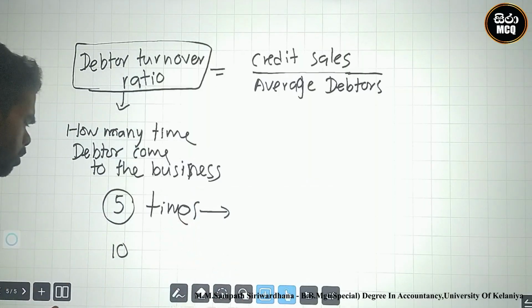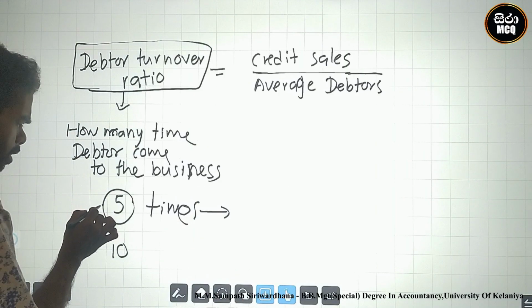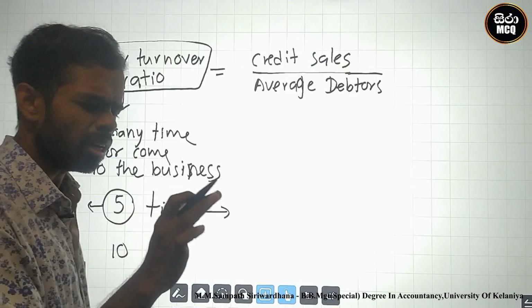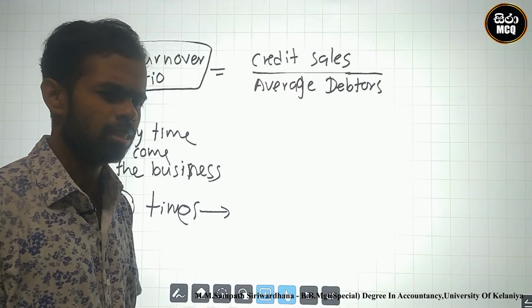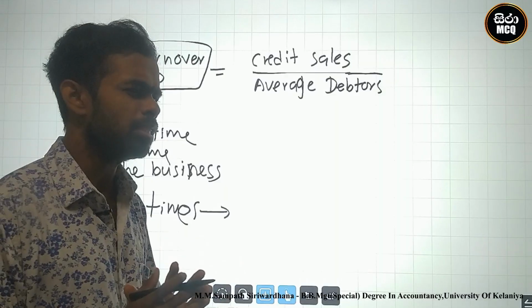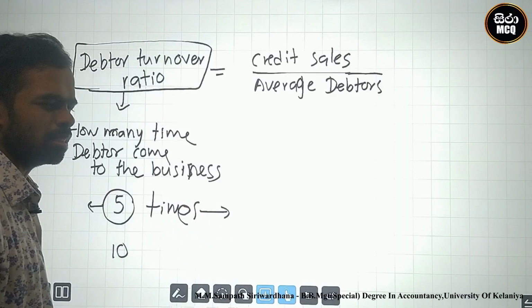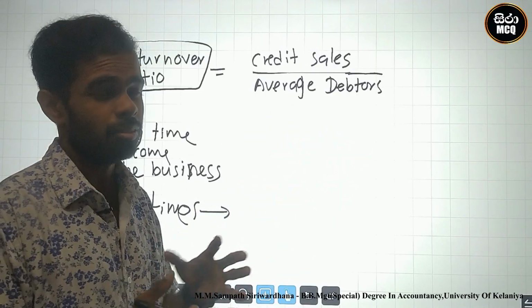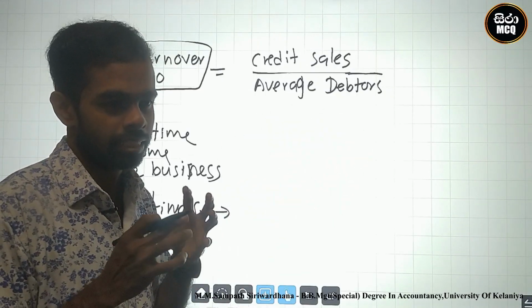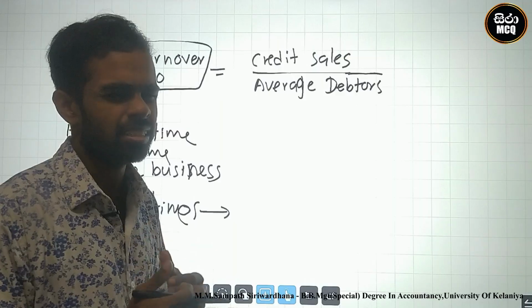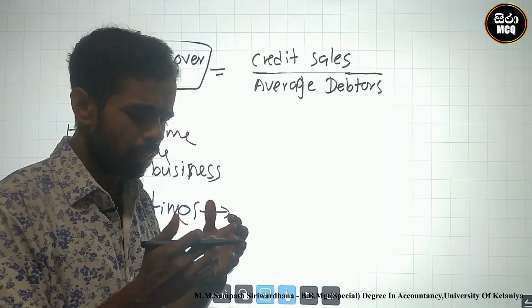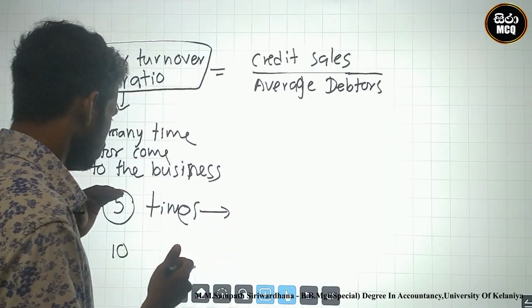Do you think about this? 5 times means he comes to the business only 5 times, therefore he ignores these cash payments. There are 5 times in the year, so his payments are not paid promptly. Why?